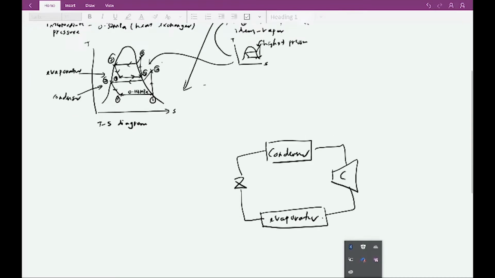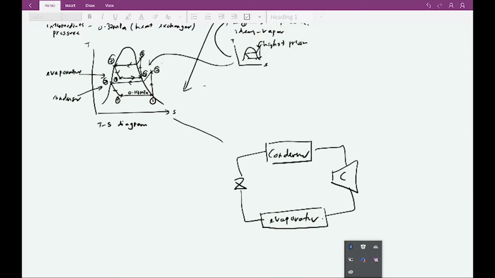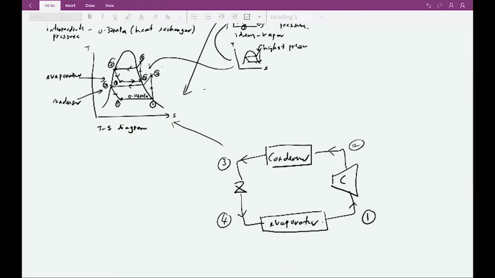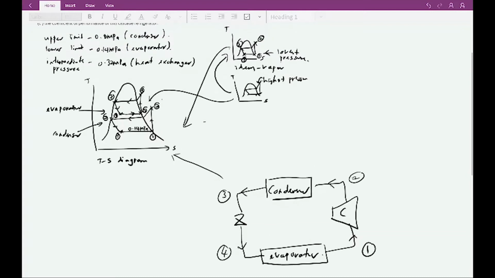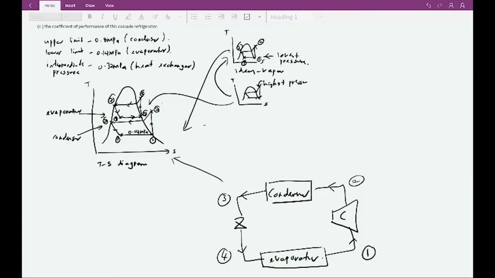Okay, where is your state number 1? Here, the compressor, then it becomes state number 2. Okay, pass the condenser, become state number 3, and then pass through the expansion valve, become state number 4. Right, so this is the lower cycle, and then we copy the same cycle and put it on your upper cycle.